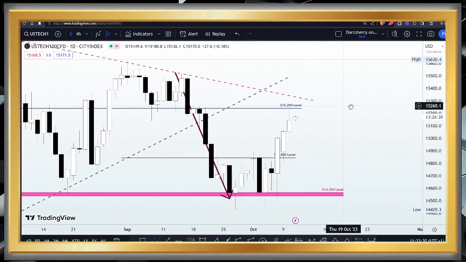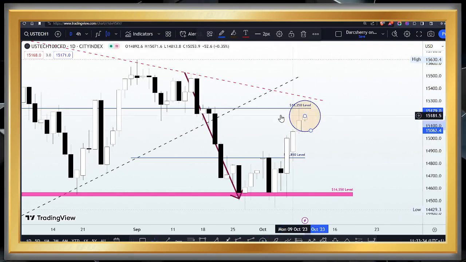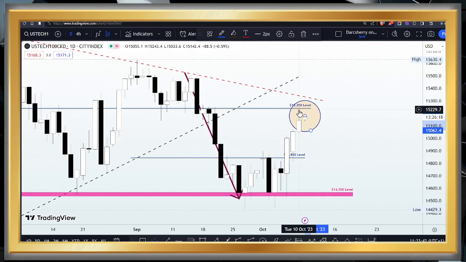And as it is right now, price is gradually approaching that structure. As you will see, we had an attempt around the 15,250 during the early hours of today's trading session.